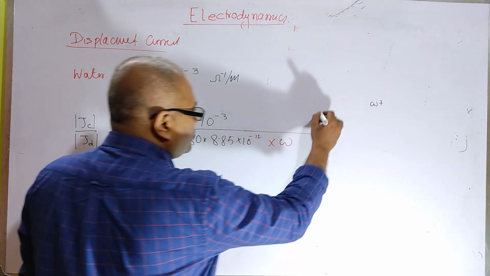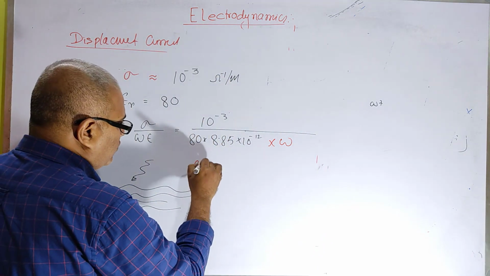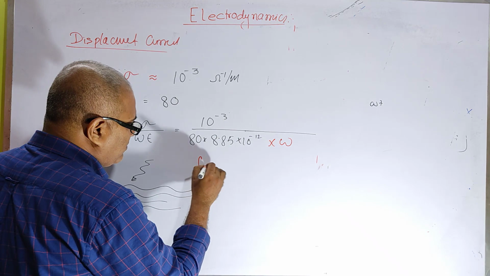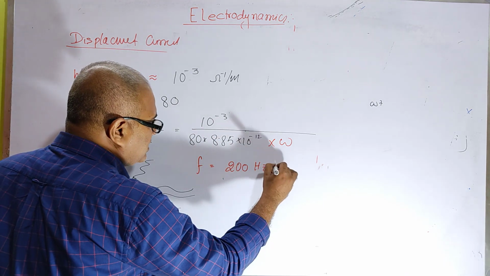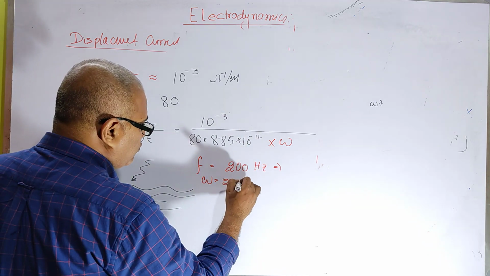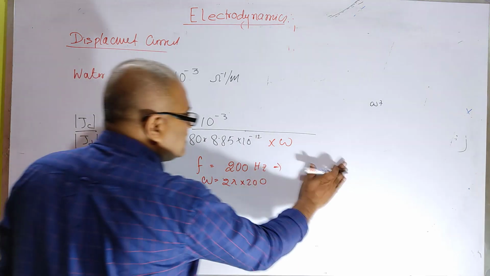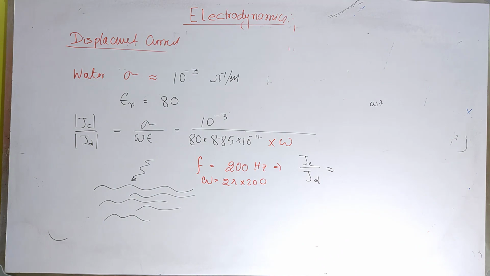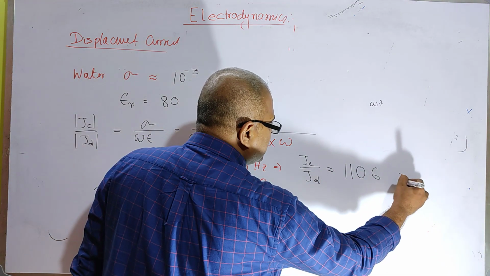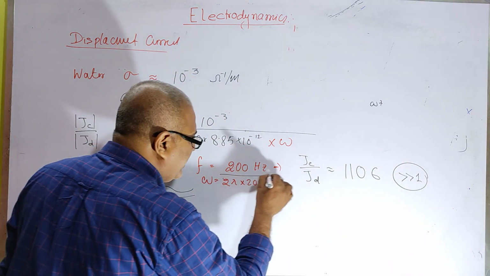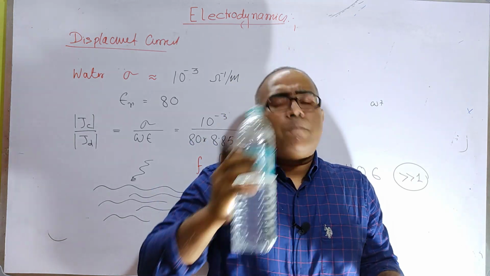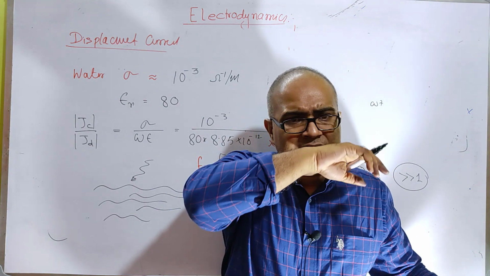If the frequency of the incident ray is 200 hertz, say, omega will be 2 pi into 200, and this will result in J_C by J_D nearly 1106, greater than 1. So at this frequency range, your pure water would behave as a conducting medium.